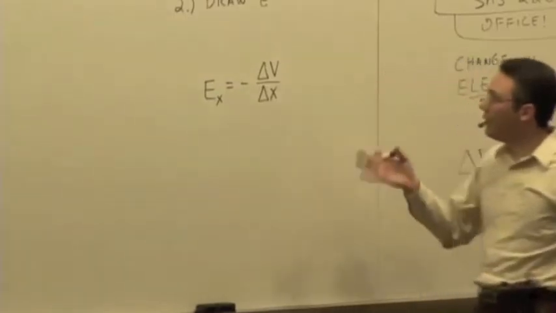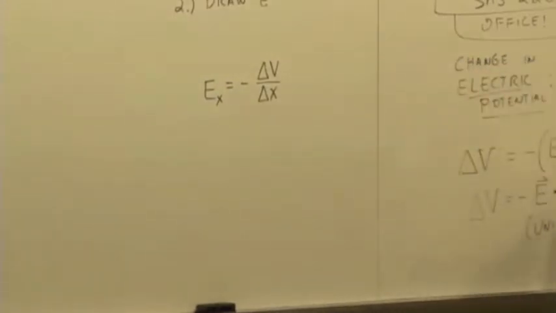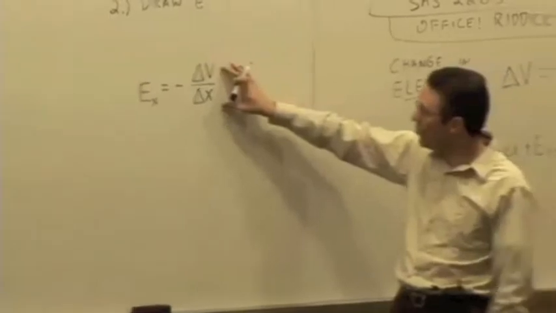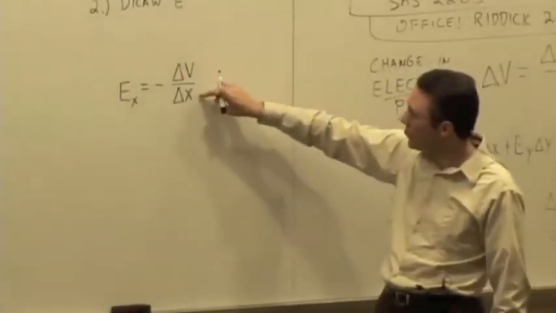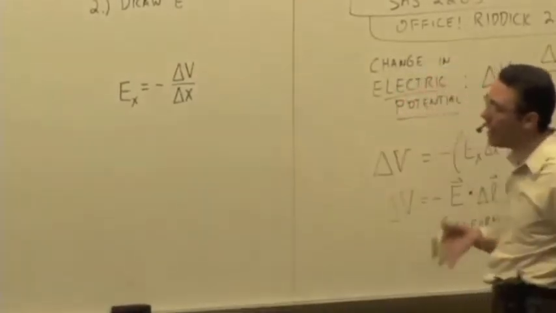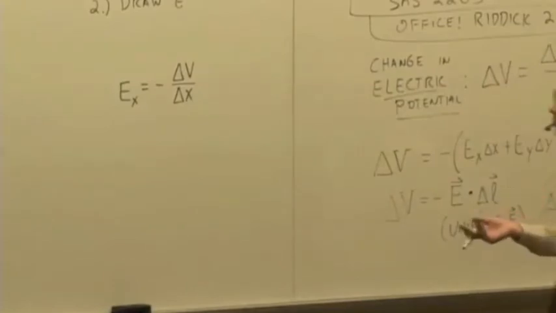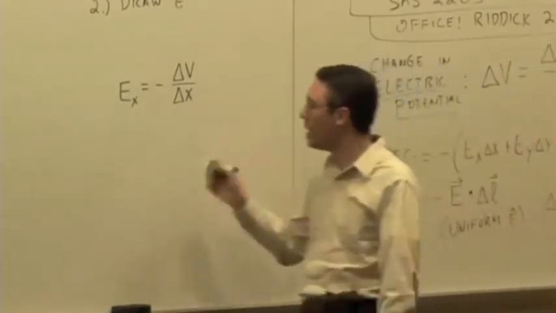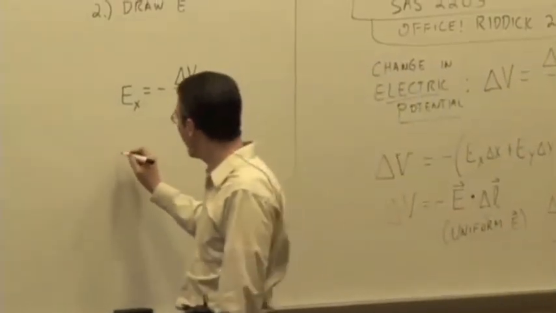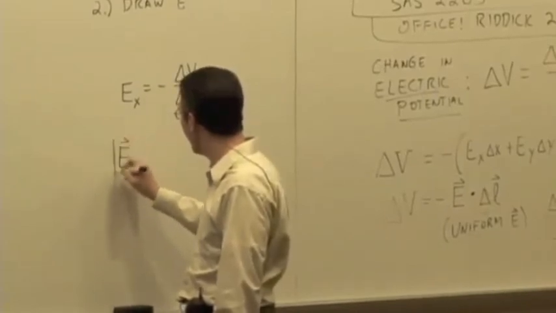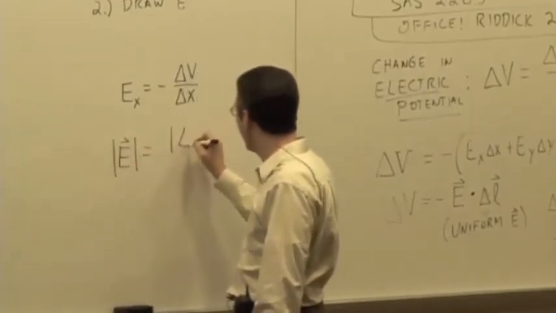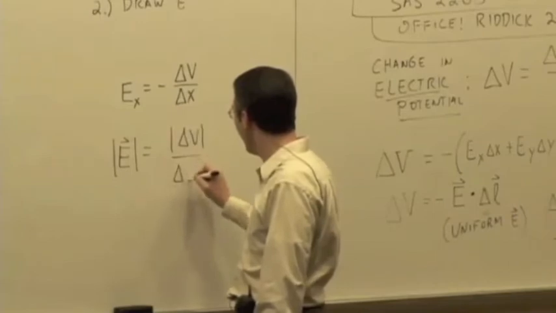If you know the field lies along some direction, then you can find the electric field by taking the potential difference and dividing by the path along that direction. We're just using the opposite relationship here. We don't care about the sign, so in this particular case the magnitude of the electric field is just delta V over the magnitude of delta L.